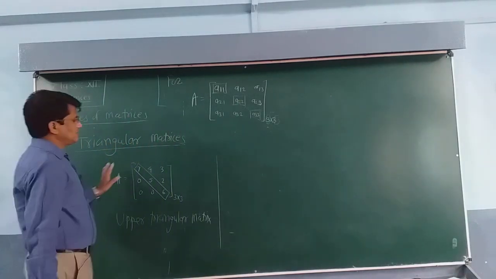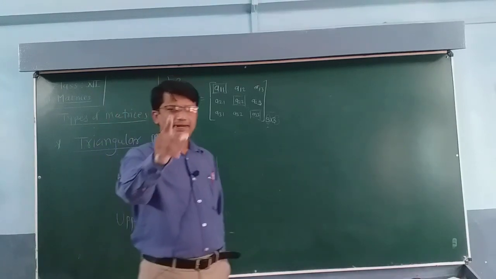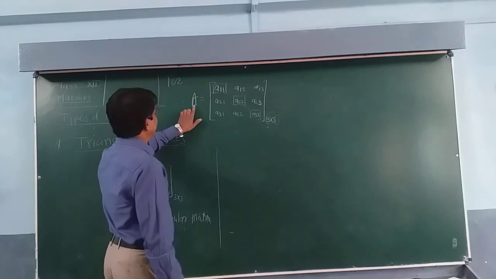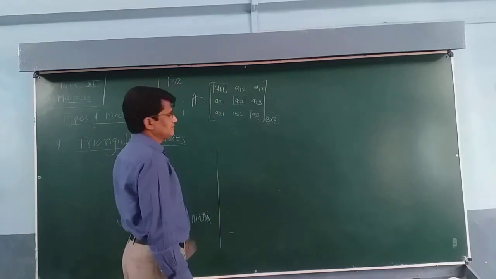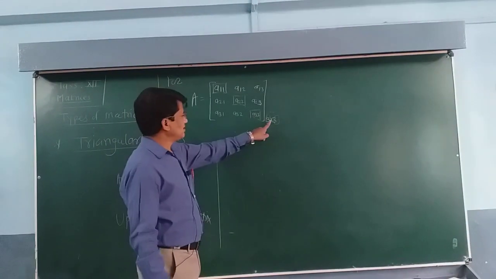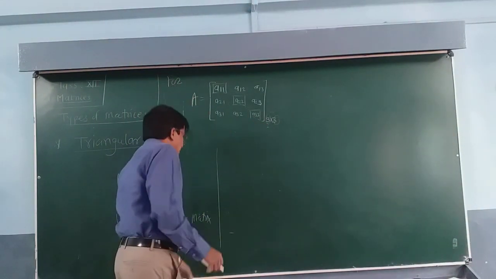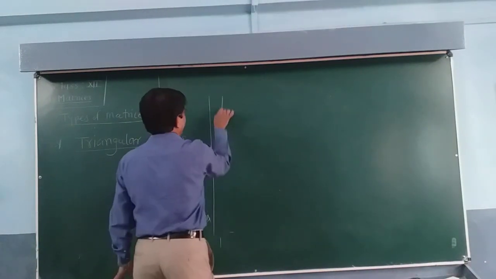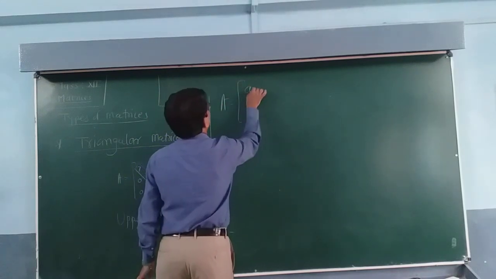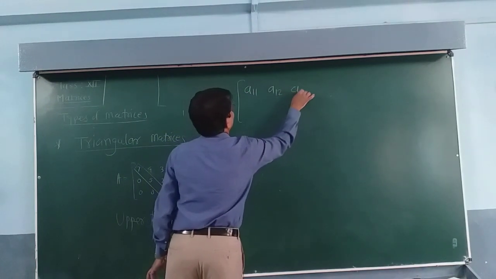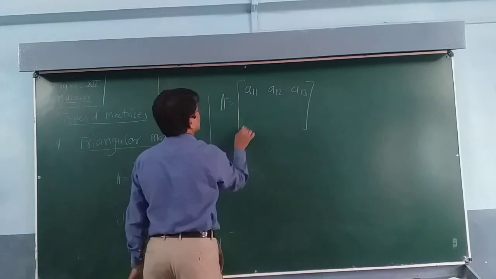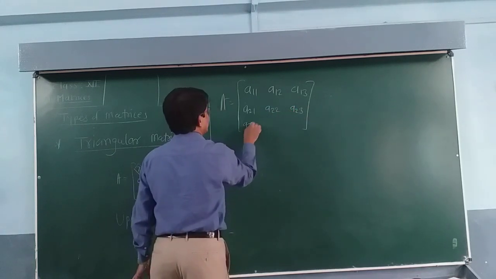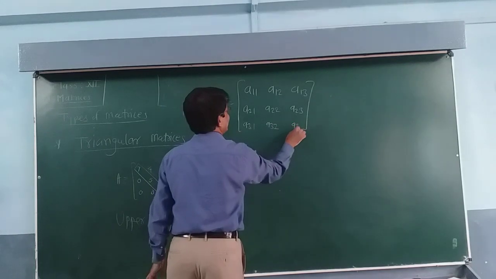Now what is the general definition of an upper triangular matrix? Look here. A equal to this matrix is given, order 3 by 3. I am writing once again: A equal to a11, a12, a13, a21, a22, a23, a31, a32, a33.